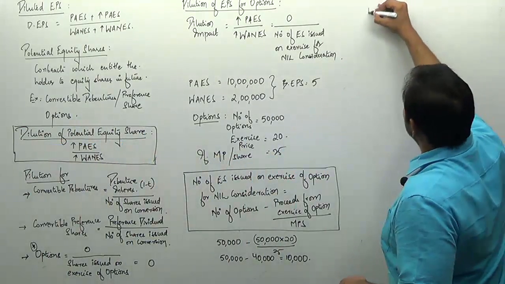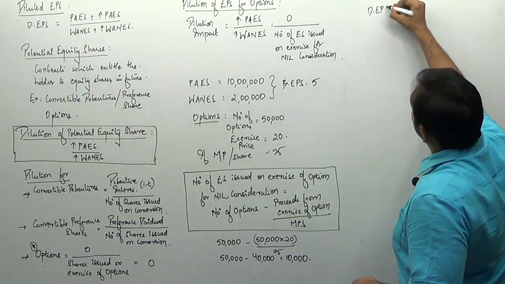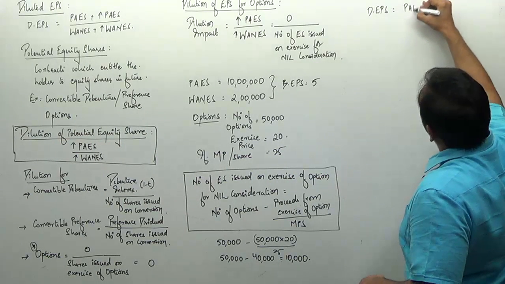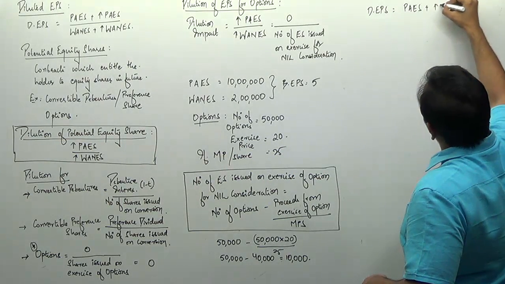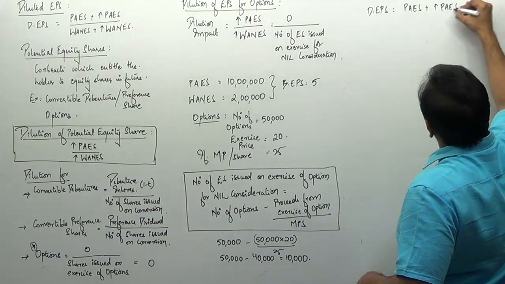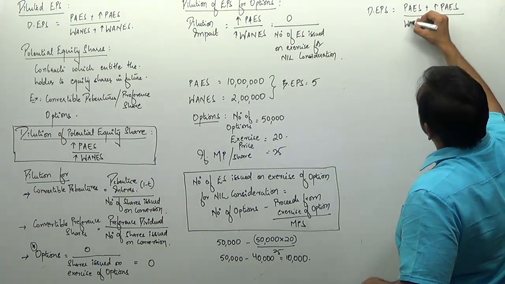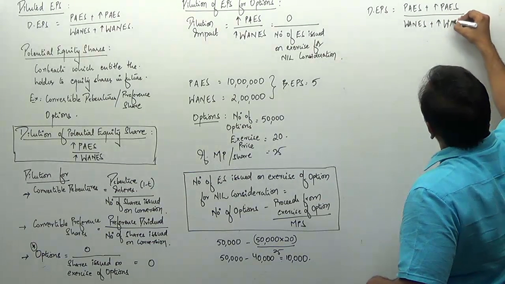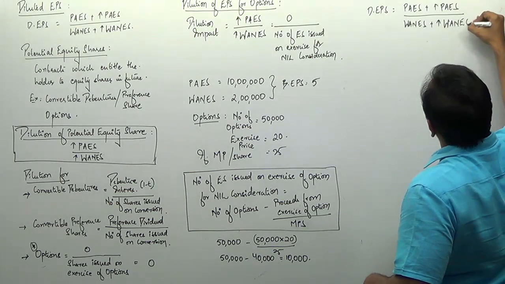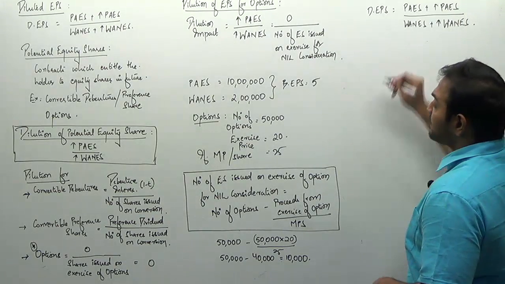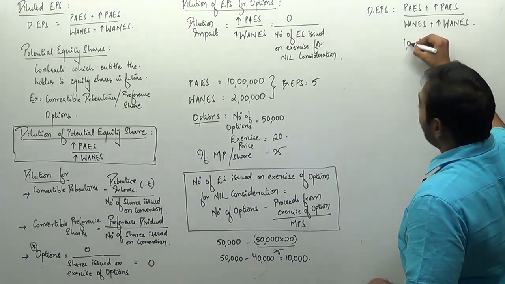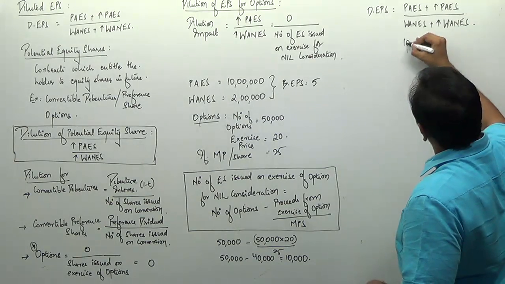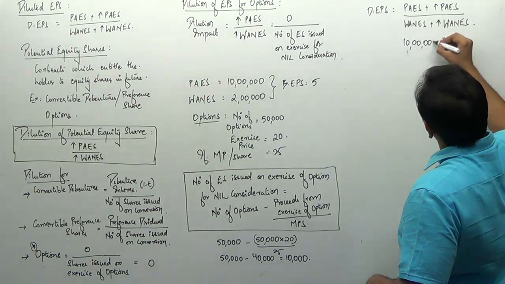So in this case, I'll say that the diluted EPS, DEPS, is equal to PAES plus increase in PAES divided by WAES plus increase in WAES. Check what is PAES? 10 lakhs plus increase in PAES.